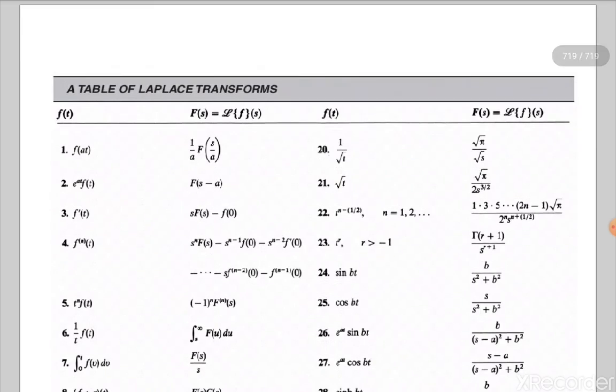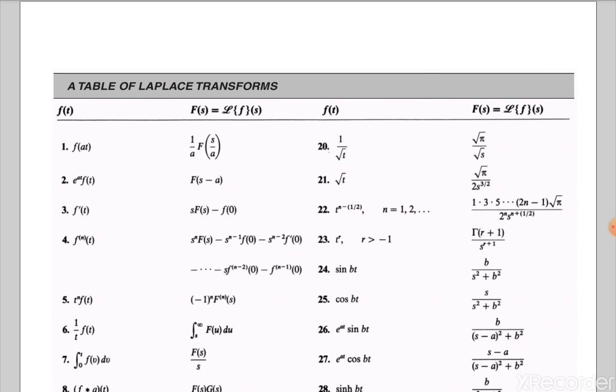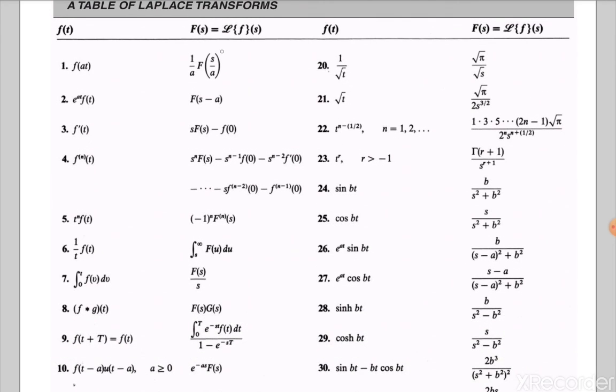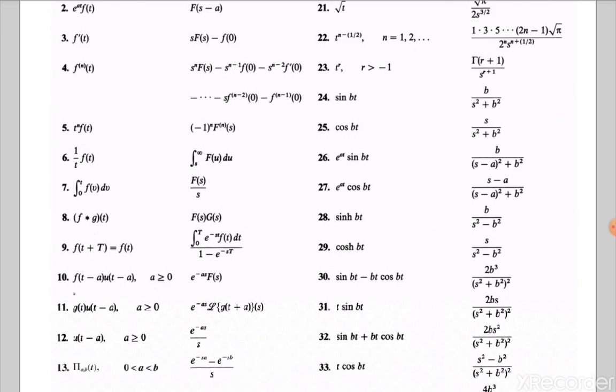And also using this table, you can of course find inverse Laplace transforms. You just find what you need in the second or fourth column. For example, inverse Laplace transform of this function is sine bt, and so on.